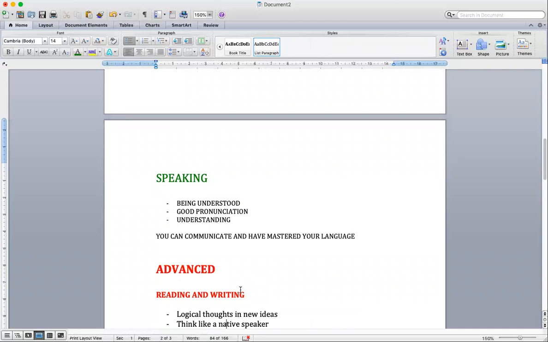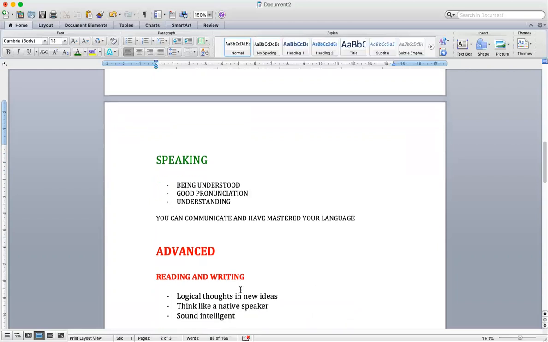So reading and writing is one of the greatest skills to improve your speaking skills. The more you read, I'm sure you can deliver your speech very well. So reading and writing helps you to have logical thoughts and new ideas.